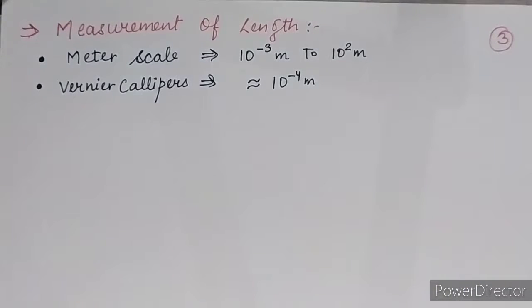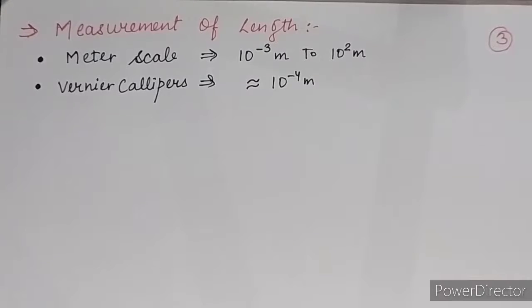Here we are going to discuss the smallest length that can be measured, because very large lengths can be easily measured, but how can the smallest length be measured? So the meter scale covers 10 to the power 2 to 10 to the power minus 3, and the vernier caliper covers from 10 to the power minus 4 up to here.